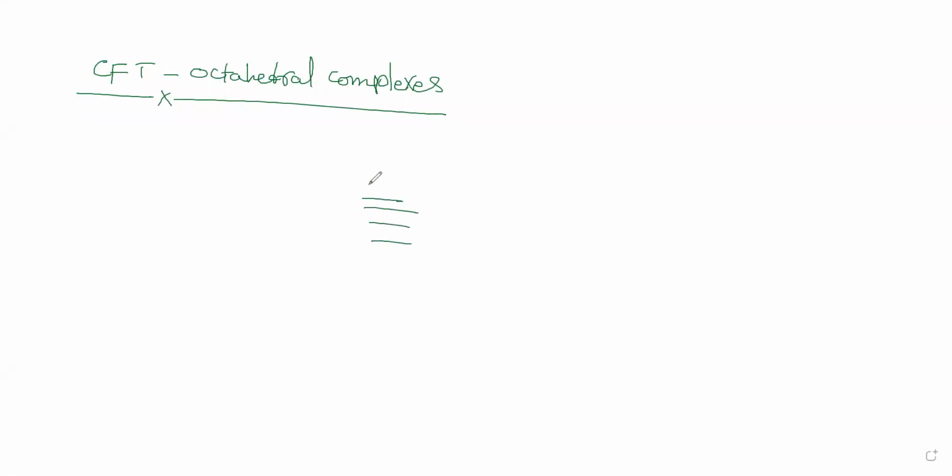I told you the d orbitals, they are 5. Because of the octahedral field. What is an octahedral field? Ligands approach along the axis. Ligands will approach along the axis.